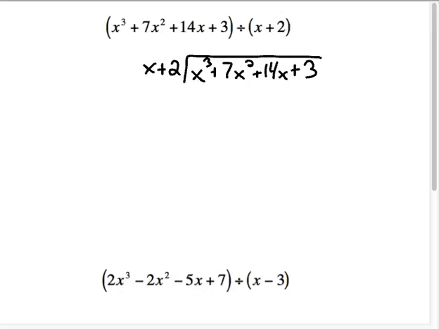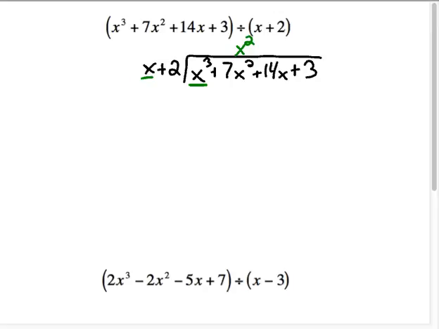And we need to set this up where I want that x to be able to cancel that x cubed. Well, what does an x need to become an x cubed? Well, that x is going to need x squared to become that x cubed.